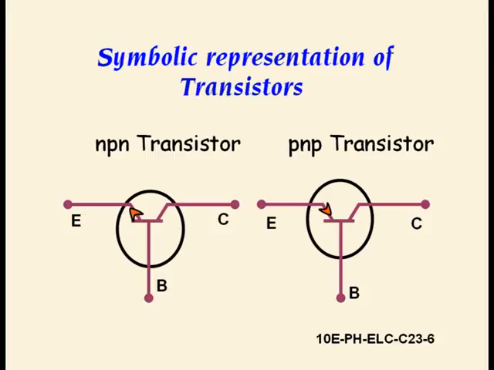Children, even though the symbols of both appear to be the same, it is very important to show the correct direction of flow of current. The arrow is showing the direction of conventional flow of current from P to N. Children, write down this important representation in your notebooks.